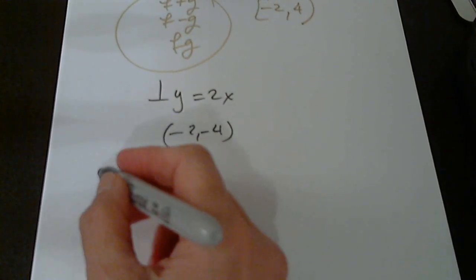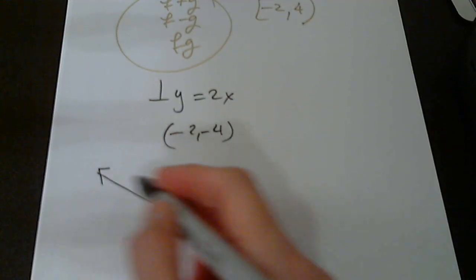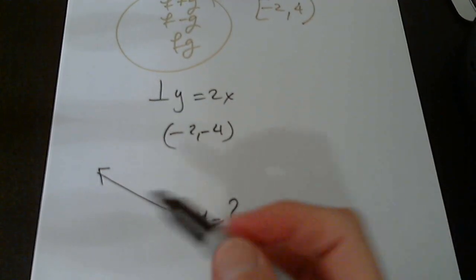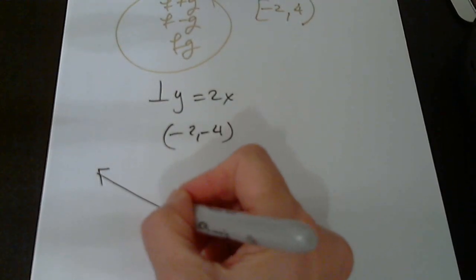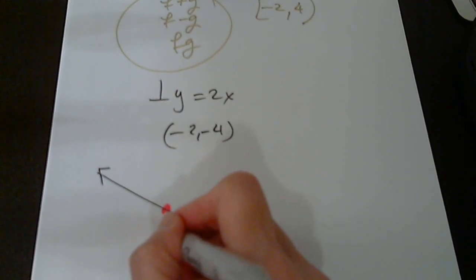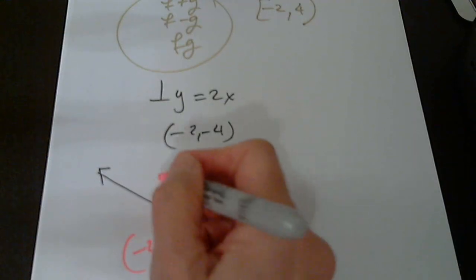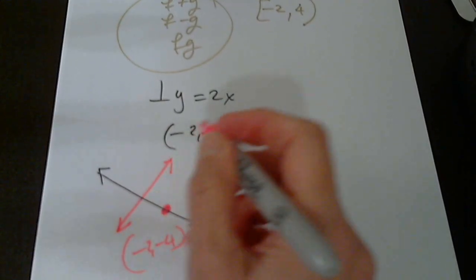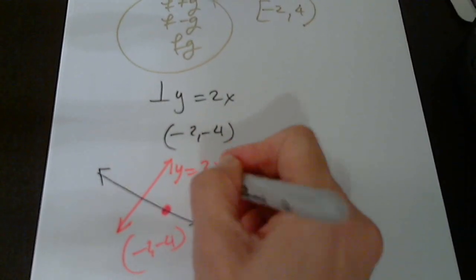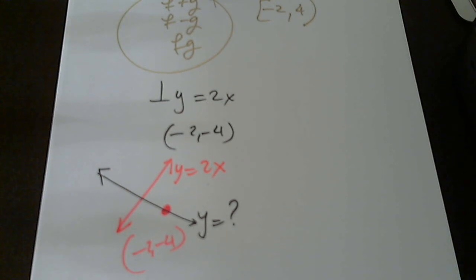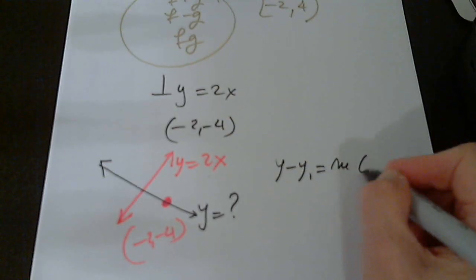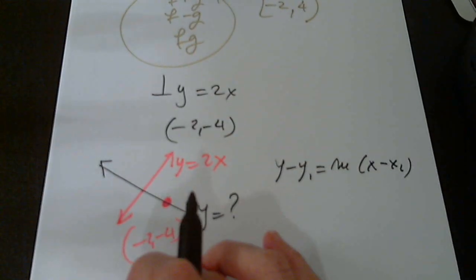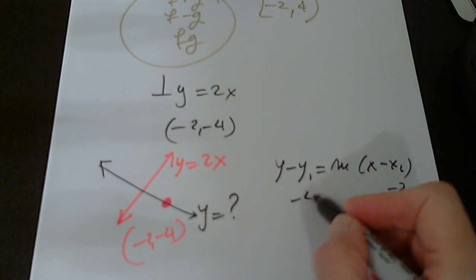So here's what we have. We have this line whose equation we do not know, but we do have two pieces of information. It passes through -2, -4, and is perpendicular to the line y equals 2x. So I know y minus y1 equals the slope times x minus x1. I know the point is -2, -4.